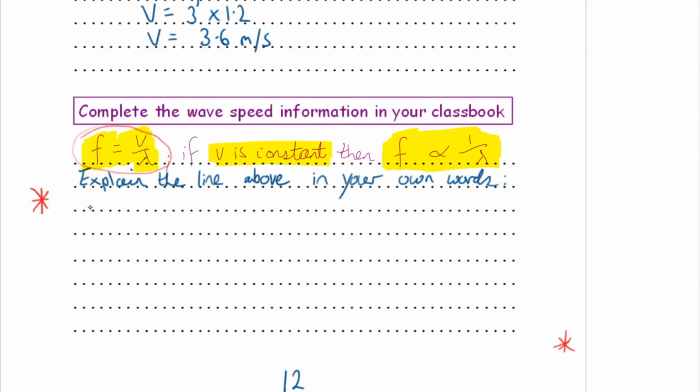Frequency equals speed divided by wavelength. If the speed is constant, then frequency is inversely proportional to wavelength. This means if you double the frequency, you halve the wavelength.